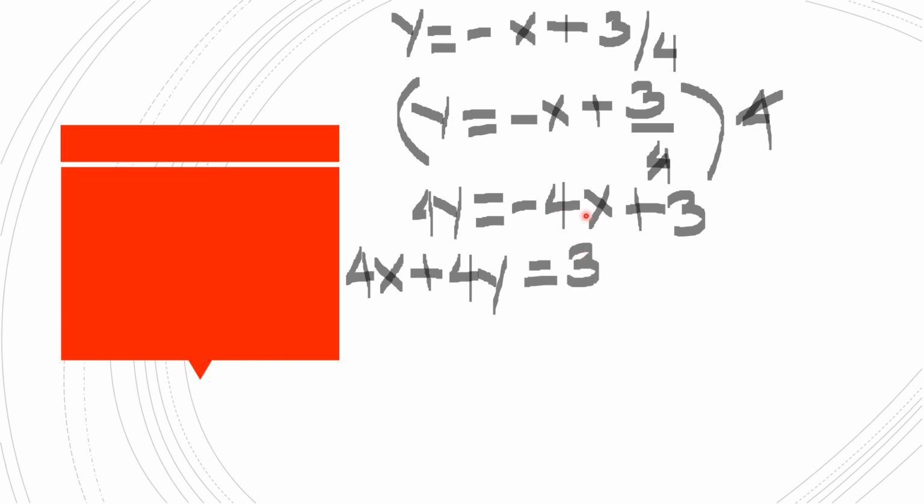So, the negative 4x, because we moved it to the left side, became positive 4x. So, 4x plus 4y equals 3 is now the standard form of y equals negative x plus 3/4. So, that is what is called the standard form.